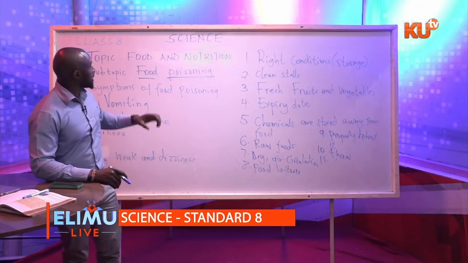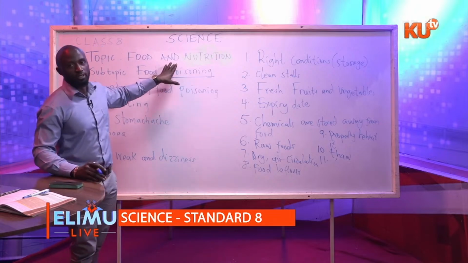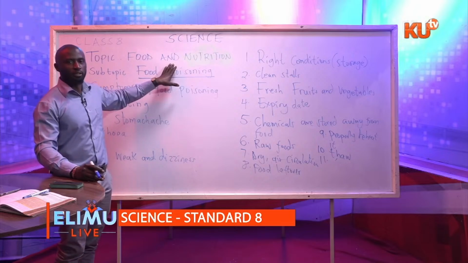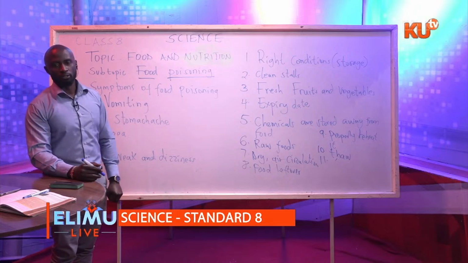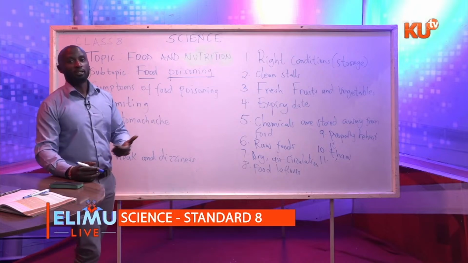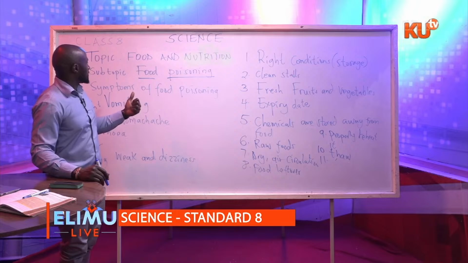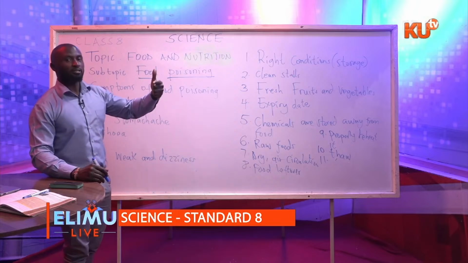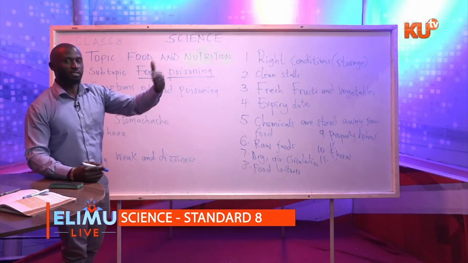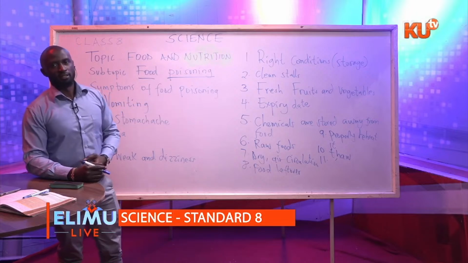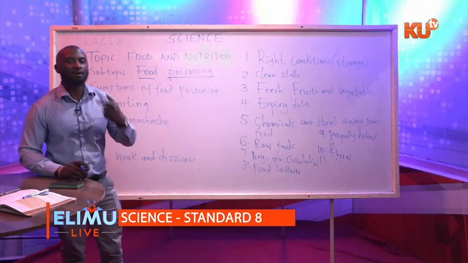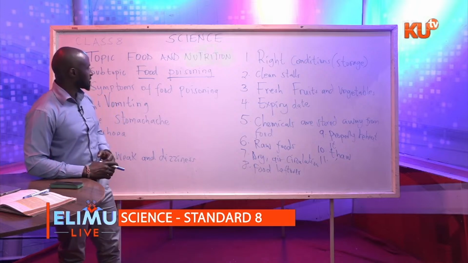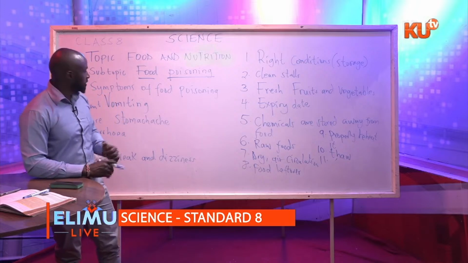Remember, we were talking about food and nutrition. It's a class 8 science topic, and under it we talked about food poisoning. We said food poisoning is definitely an illness or sickness that results from consuming harmful substances found in food.